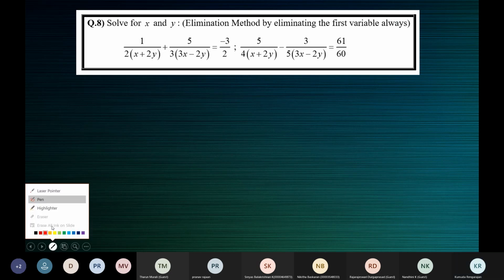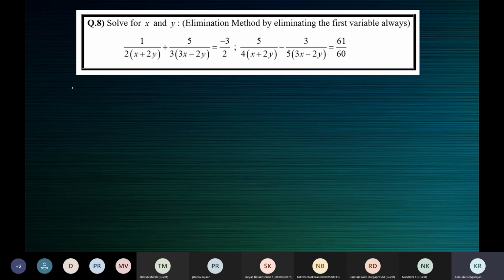Now, tell me, how do you write the first term? 1 by 2 of X plus 2Y. How do you split that? Quickly. No idea?